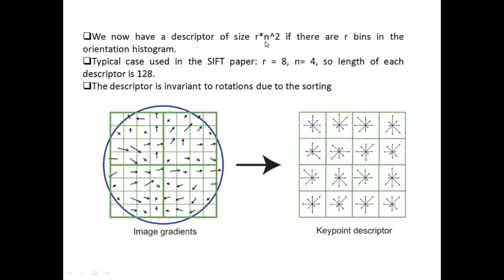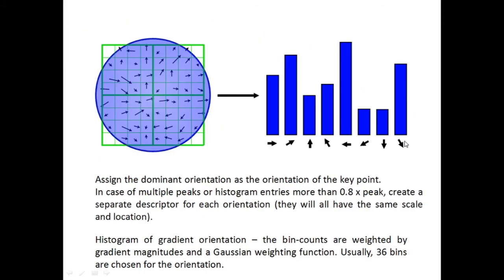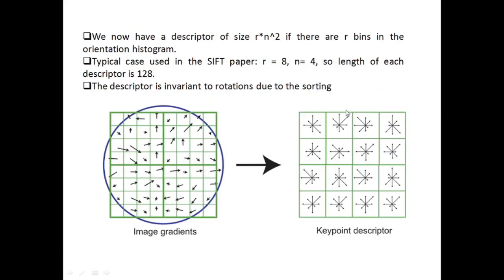We now have a descriptor of size r into n square, if r is the number of bins in the orientation histogram. In this case we have considered 8 bins, right? Typically the SIFT algorithm uses 8 bins and n equal to 4.